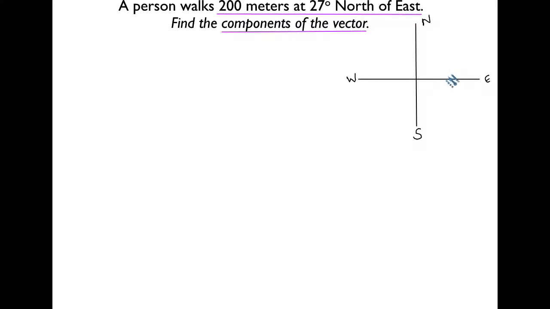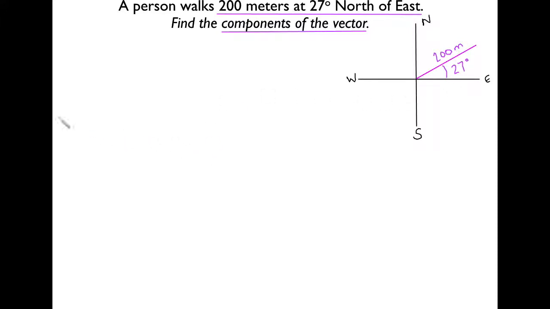So if we have 27 degrees north of east, we're going to go towards the north but above the east. So this is 27 degrees north of east. Okay, so this is 27. And then we also have that this vector is 200 meters long.